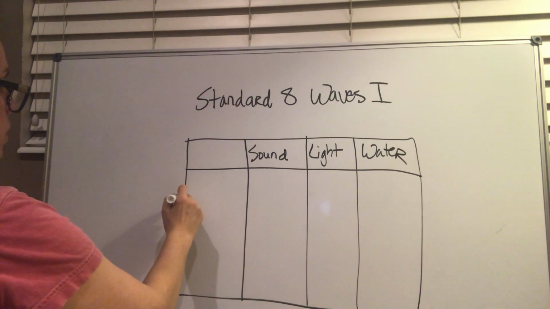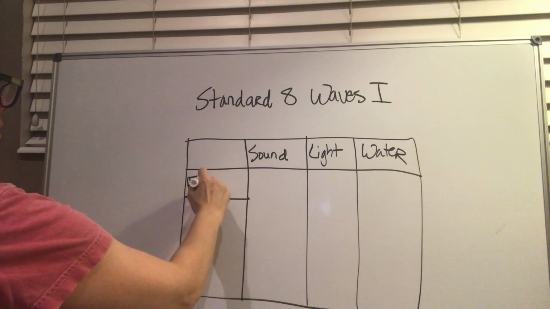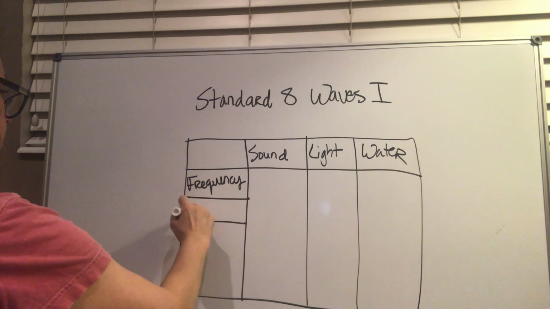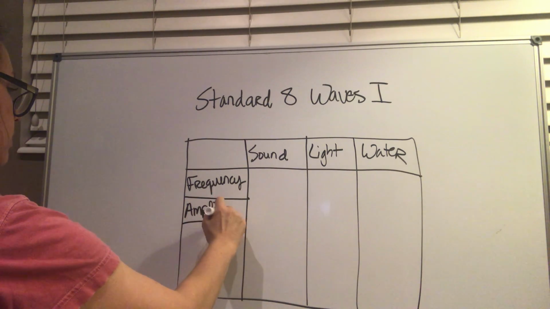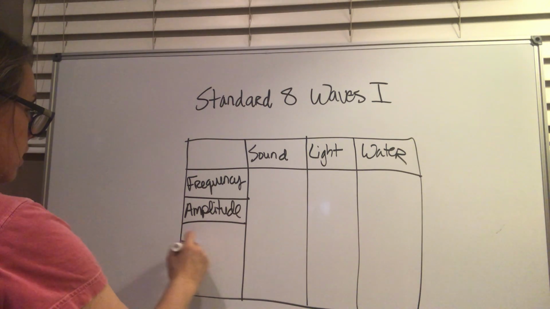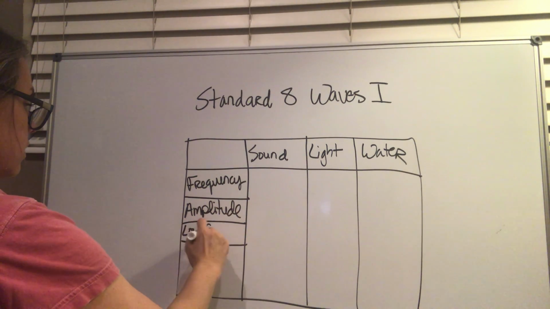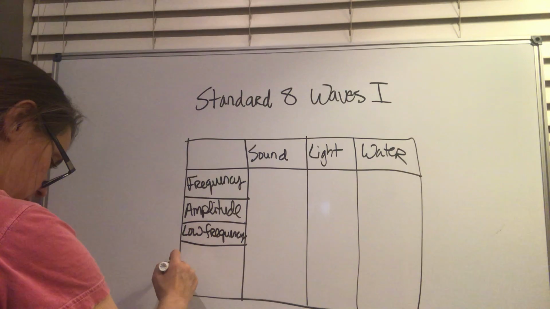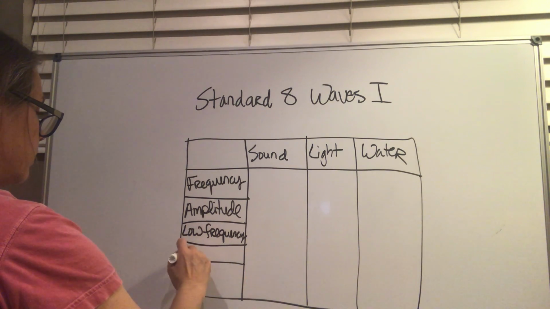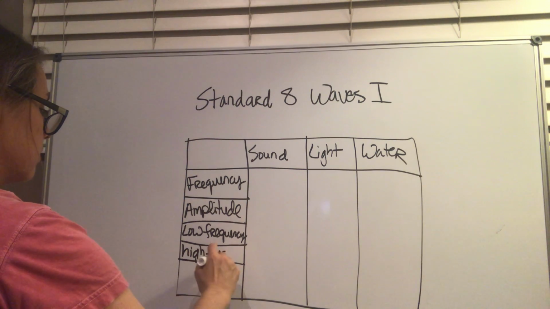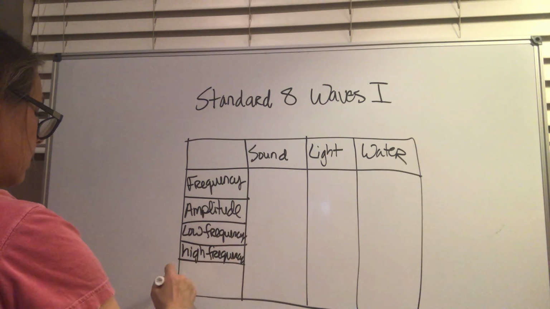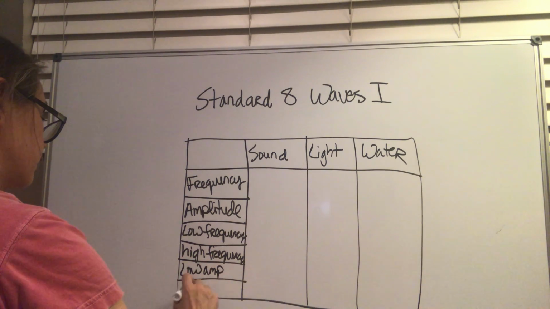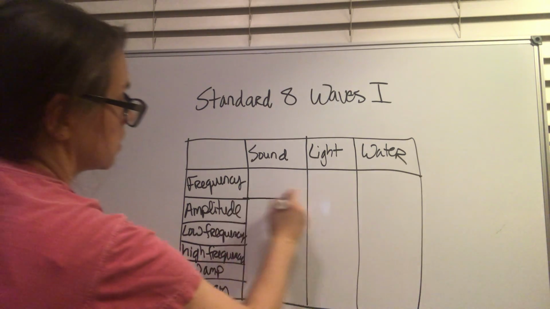And then over here we're going to do frequency, amplitude, and then we're going to identify low frequency, high frequency, low amplitude, and high amplitude for each of these.